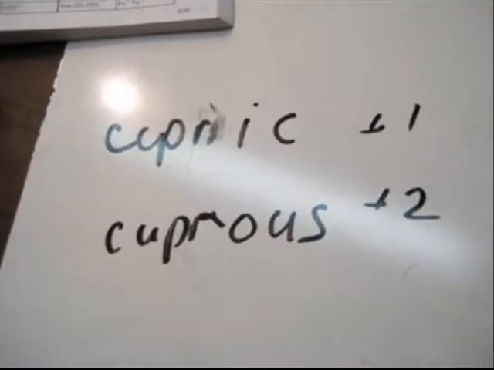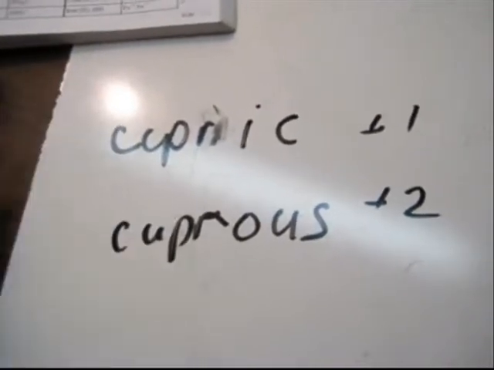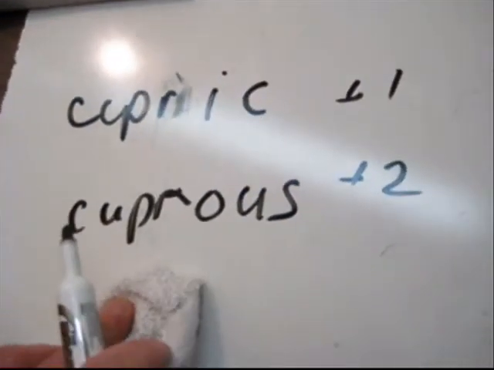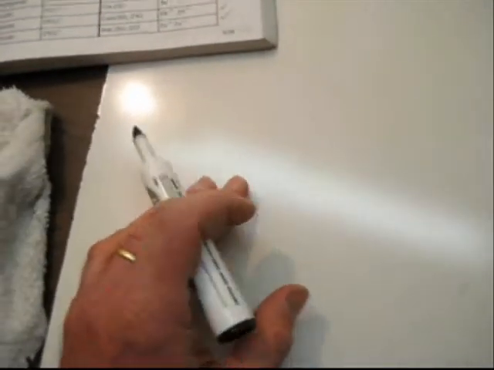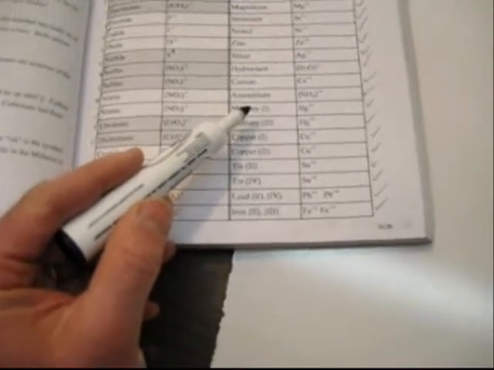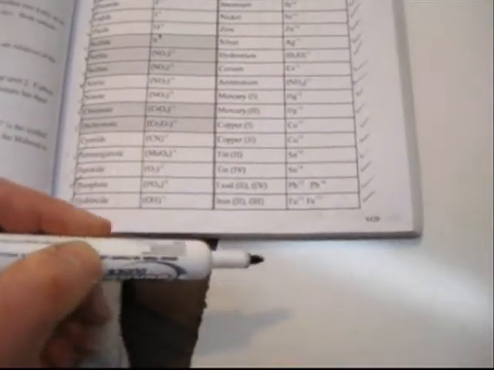So to eliminate confusion in labeling, chemists have gone to this Roman numeral system, so we just have copper 1, copper 2, and the 1 and 2 tell right away what the charge is for that particular cation. So those with Roman numerals tell the charge for you. So that's our list of cations now.